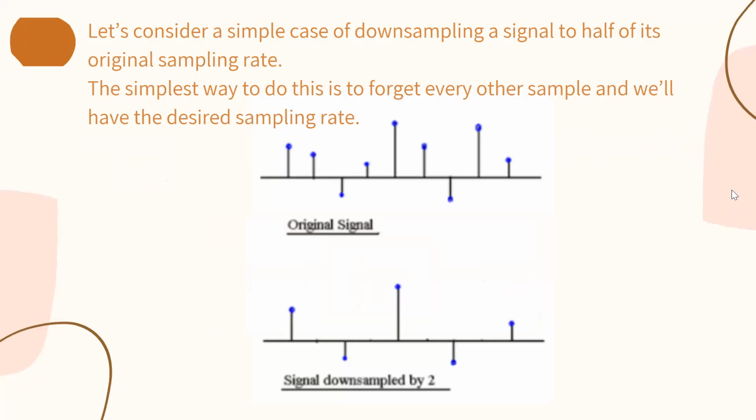Let us consider a simple case of downsampling where a signal is converted to half of its original sampling rate. The first figure shows the original signal, and the second figure shows the signal downsampled by 2.